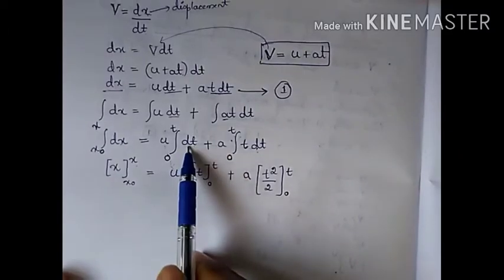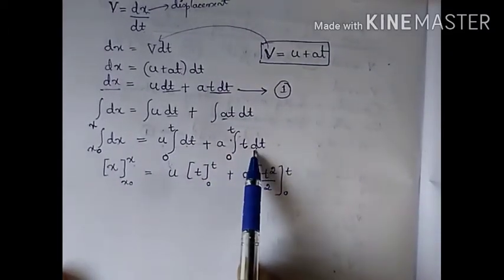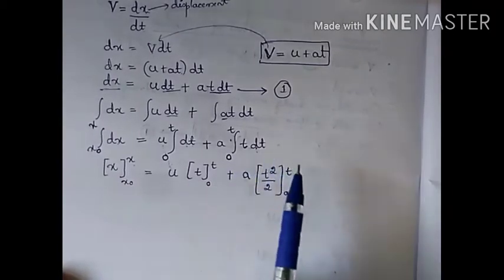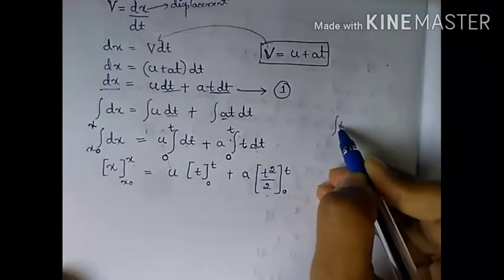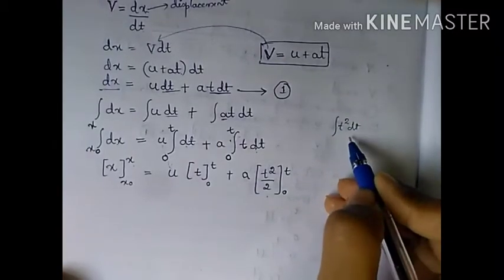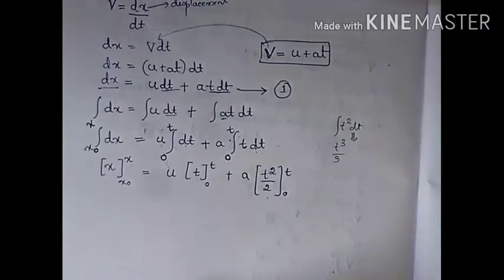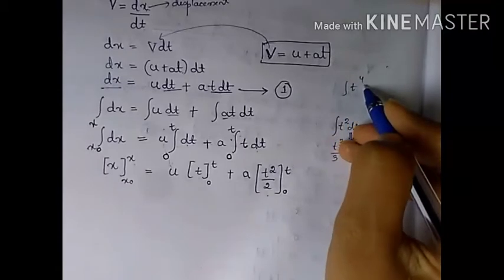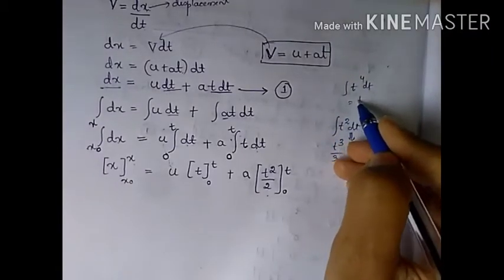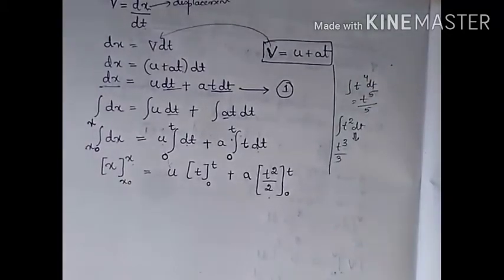So like the way we did here, integration of dt is t, but integration of t dt is t square by 2. If there was integration of t square dt, you would get t cube by 3. For integration of t power 4 dt, you would get t power 5 by 5. Clear?